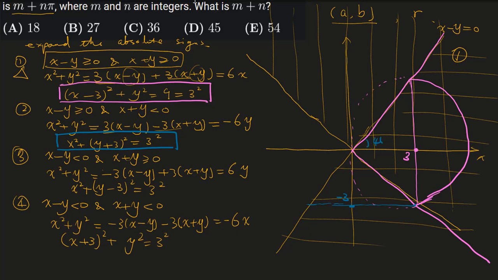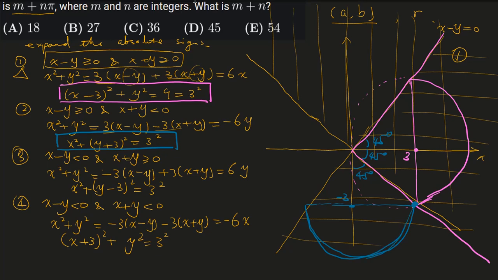Remember, this is 45 degrees, and each of these angles is 45 degrees. Therefore, the second circle will start right here, where it joins the first part of the circle. So the second part of the circle is just like this. And again, this is only half of the circle that satisfies this range.